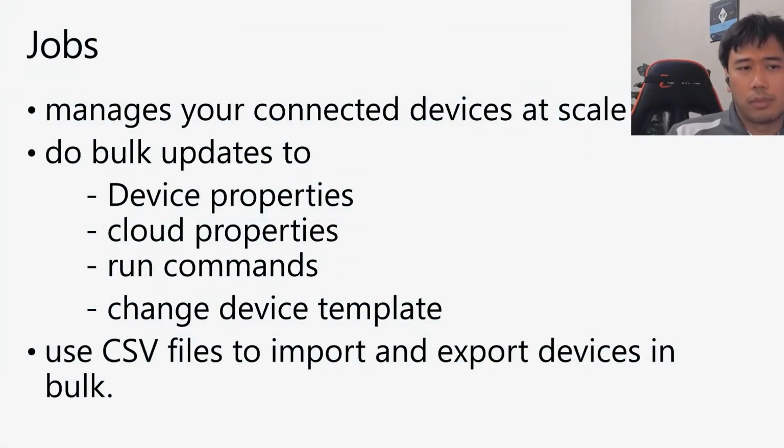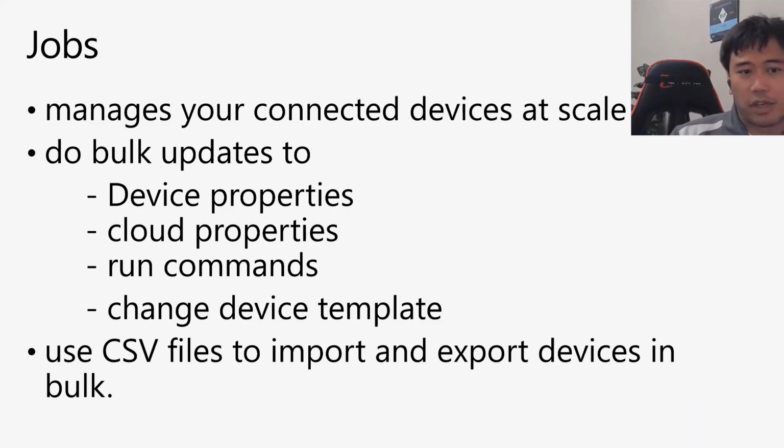Let's talk about jobs. Jobs is a way to manage connected devices at scale, where you can do device properties, cloud properties, you can run commands, you can change device template. You can even use a CSV file to import and export devices in bulk.